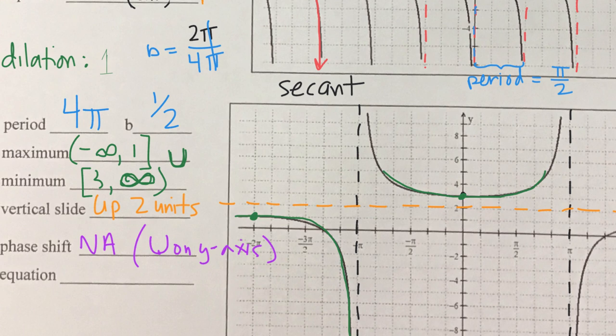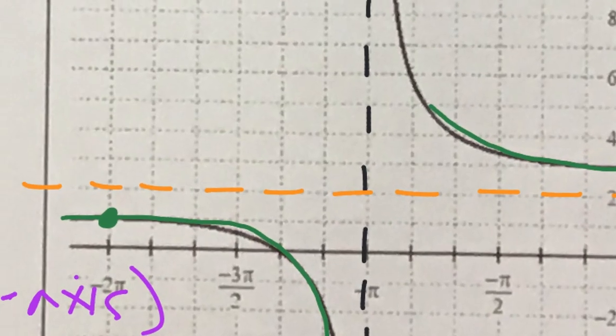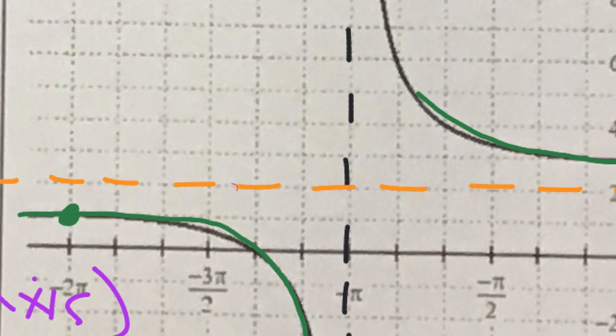Now our dilation. Okay, the dilation is the last thing we should talk about. The dilation for this is the distance between your midline and your minimums. So this has a dilation of just 1. All of these alternate graphs, secant, cosecant, tangent, and cotangent, have a dilation factor rather than an amplitude.